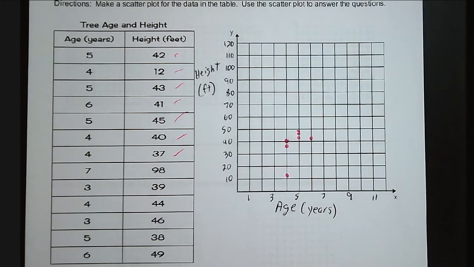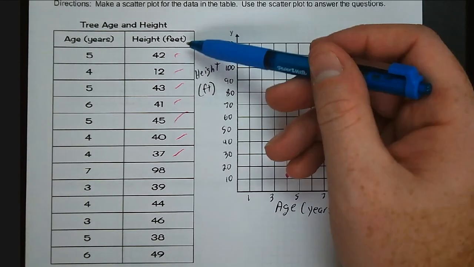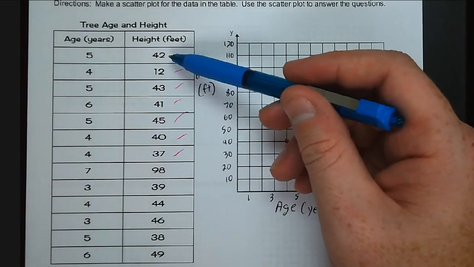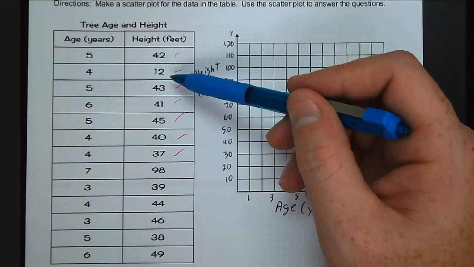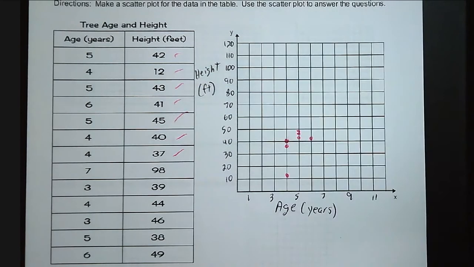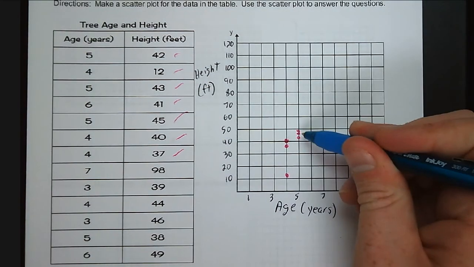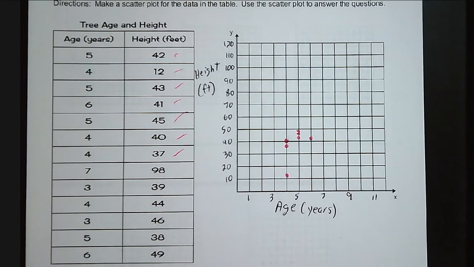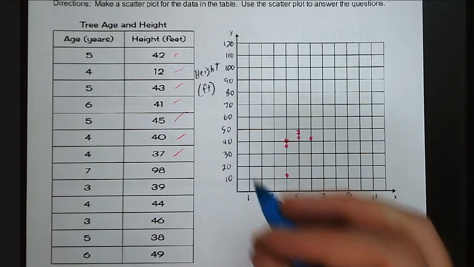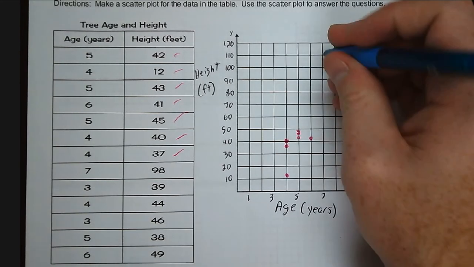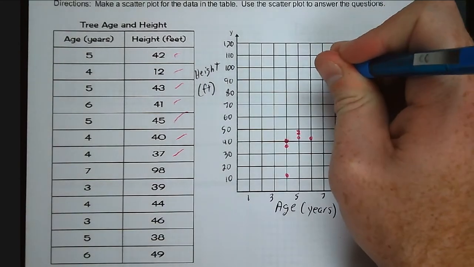Now I've already got these first ones graphed, and you'll notice some of them are pretty close together, 5 and 42 feet, 43 feet, and 45 feet. So you're just going to have to put a couple points close together on those. All right, so now if we go into the rest of our points, we've got a point at 7 and 98 feet, so that'll be right about here.